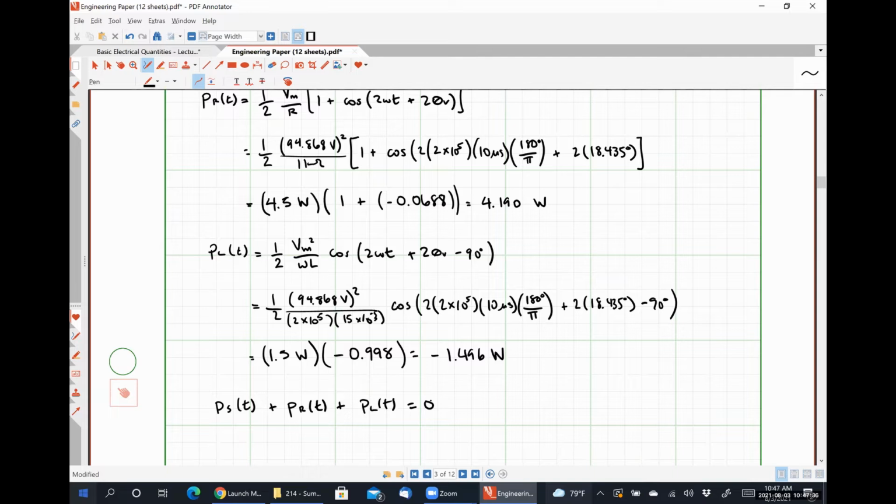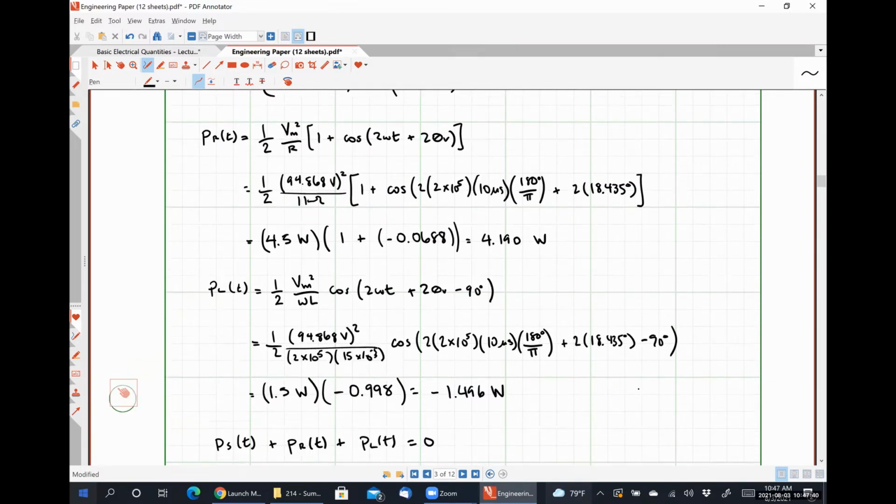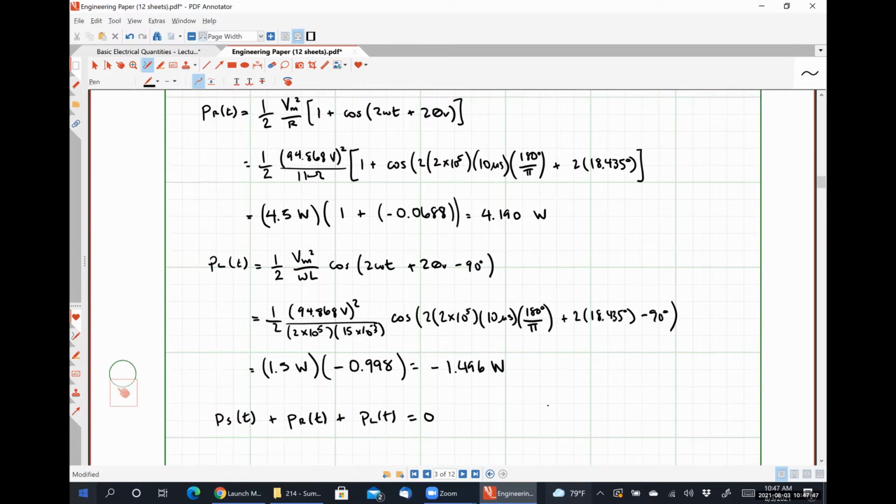So if I added these quantities together, negative 2.694 plus 4.190 plus negative 1.496, I get 0. So that's a simple way that we can check our answer there. Make sure we didn't make any mistakes, as if all of the powers absorbed sum to 0, then the law of conservation of energy is conserved and we haven't made any mistakes.